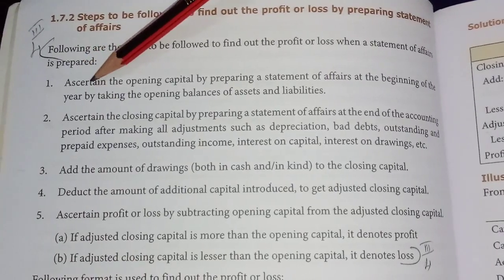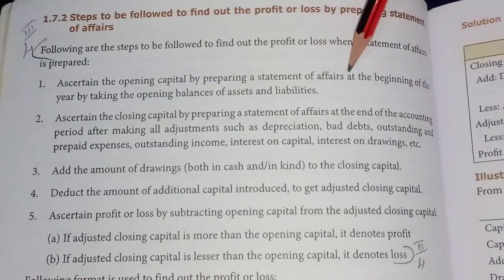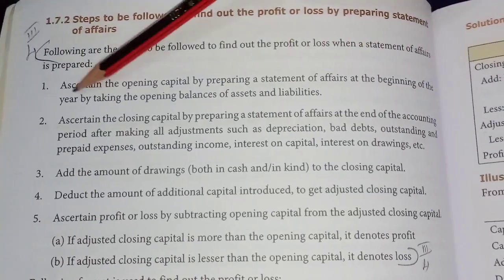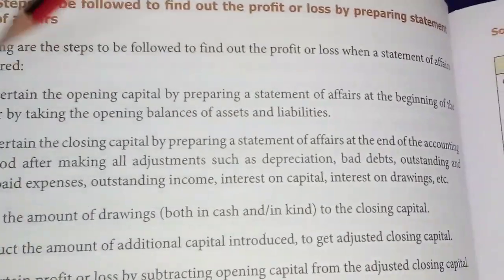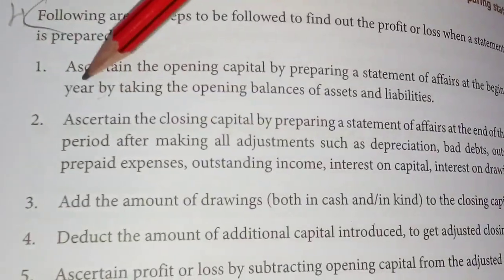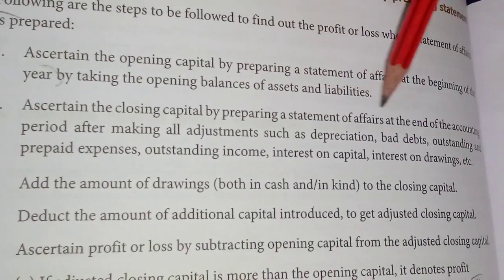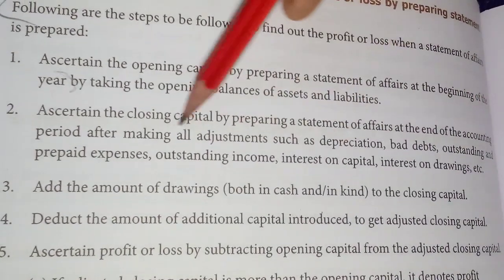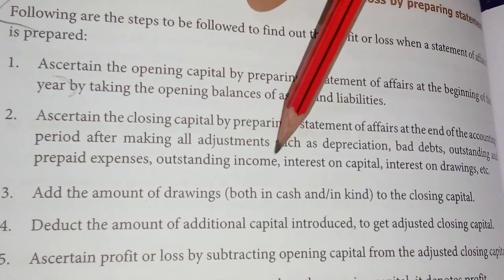First step, ascertain the opening capital by preparing a statement of affairs at the beginning of the year. Then ascertain the closing capital by preparing a statement of affairs at the end of the accounting period after making all adjustments.